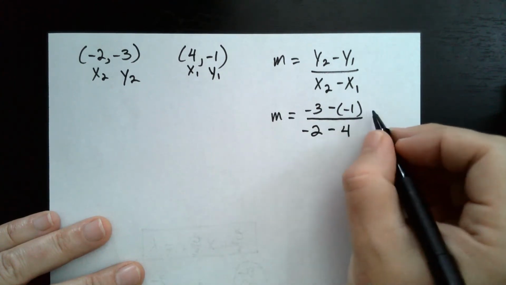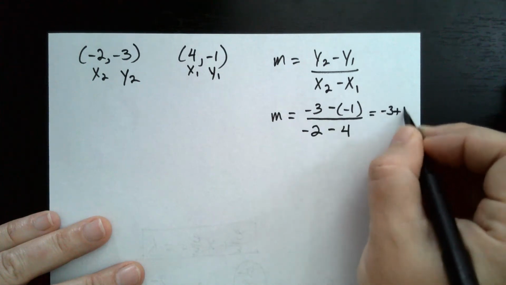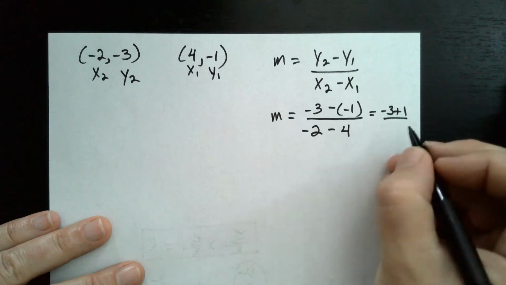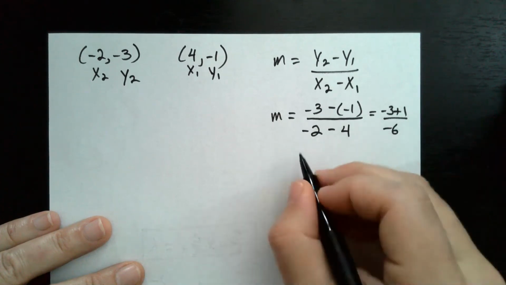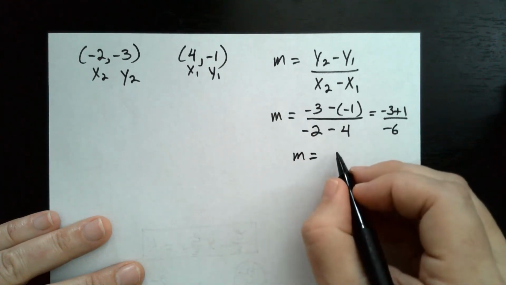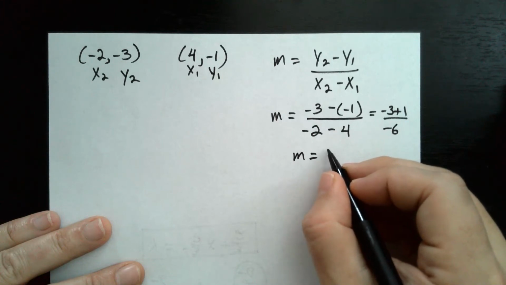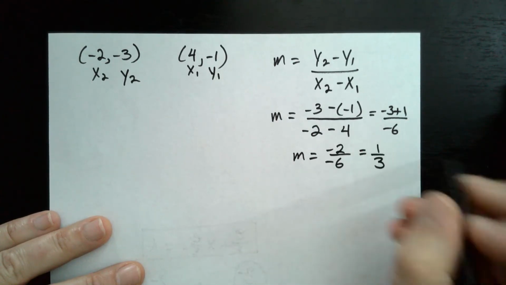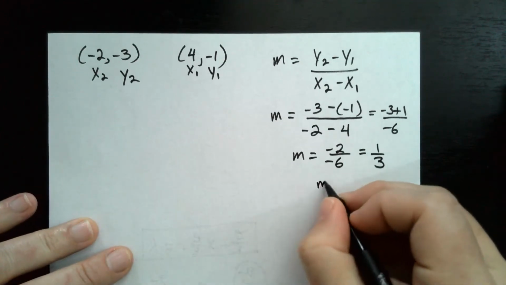That gives us negative 3 plus 1, a negative times a negative here, and on the bottom, negative 2 and negative 4 make a negative 6. So m is equal to negative 2 over negative 6, which is 1/3. That's our slope.